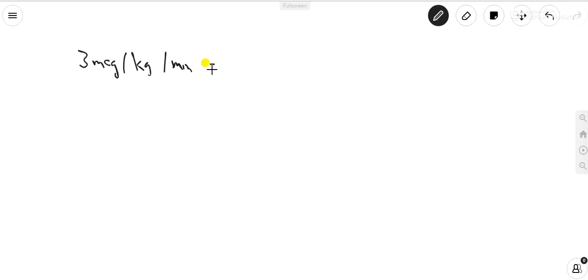When we write this, we can recognize that this is also equivalent to 3 micrograms divided by kilograms divided by minutes. But when we look at this, it is the same as taking the numerator, or what's on top, and dividing it by minutes.